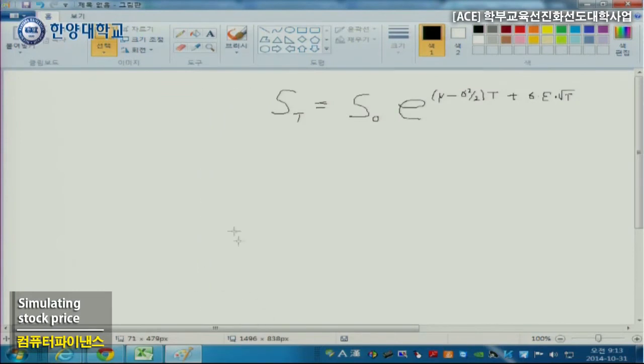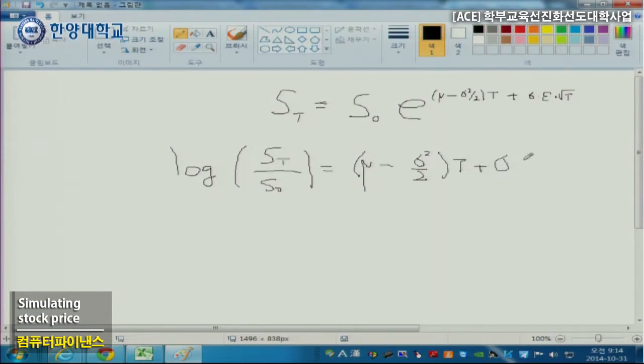If we divide each side by S0 and take the log, then we have something like this: mu minus 1/2 sigma square T plus sigma epsilon root T, right?